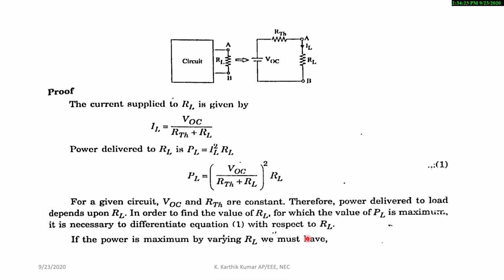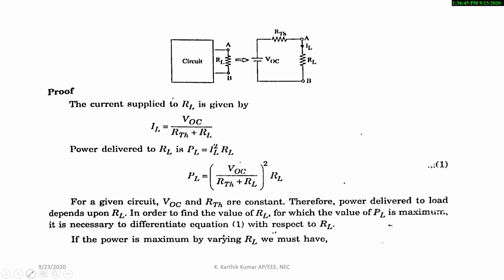Here we see the circuit diagram, where the circuit box is replaced by the Thevenin's equivalent, consisting of open circuit voltage, Thevenin's resistance and load resistance, and the current flowing through the load resistance is called the load current, denoted as IL.